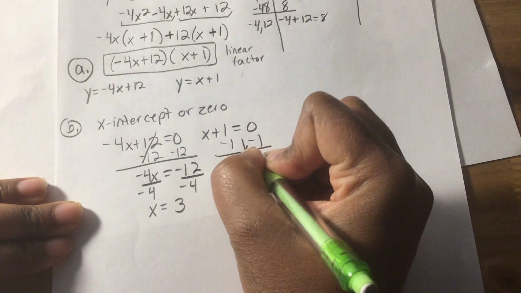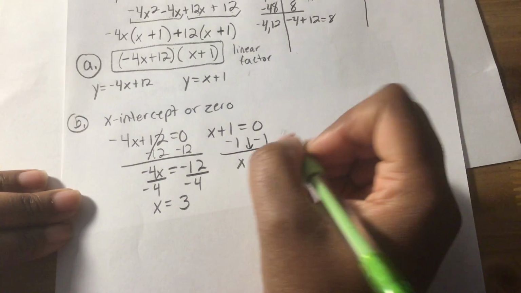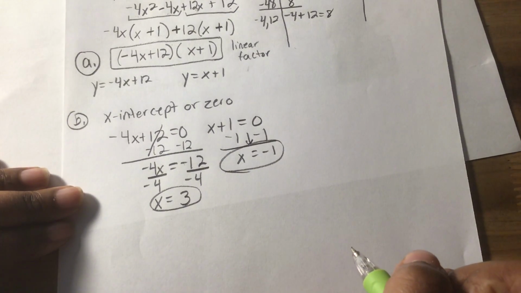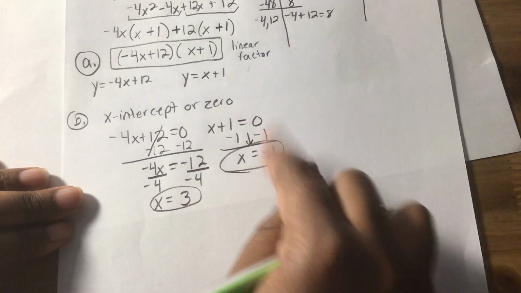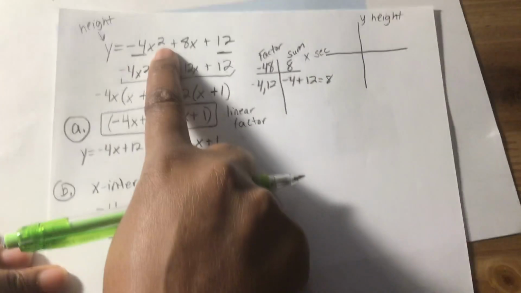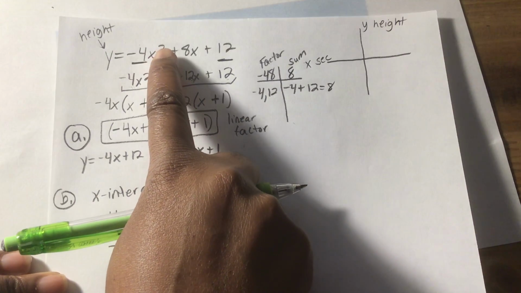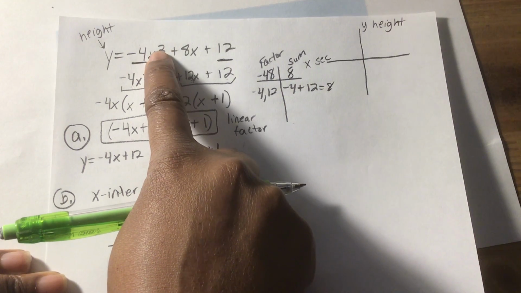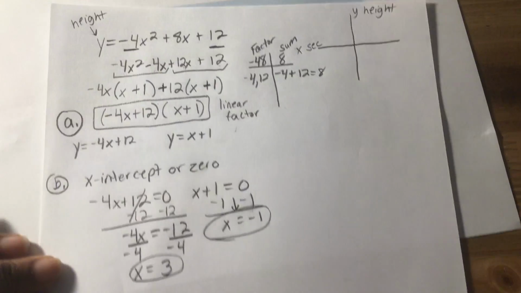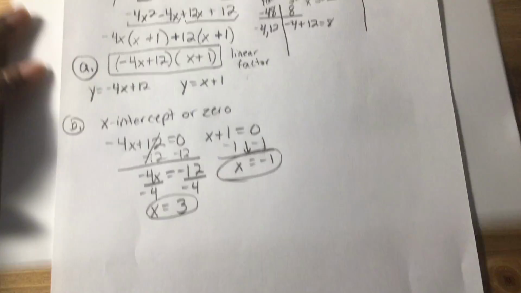This gives me x is equal to a negative 1. So this is where my parabola, my U-shape, crosses. I know it's a U-shape because of this squared right here.